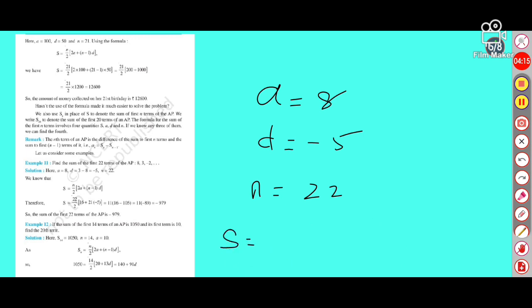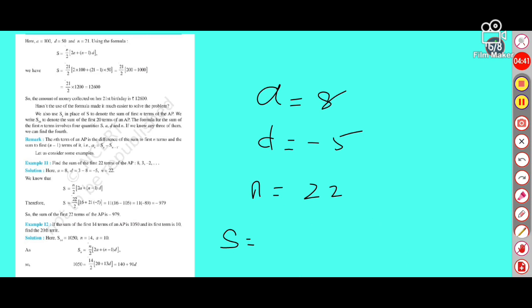In any of the three formulas given before, that is S equals n by 2 into 2a plus n minus 1 into d, or S equals n by 2 into a plus an, or S equals n by 2 into a plus l, any one of them we can apply here or anywhere in the question to get the sum value of the given AP.